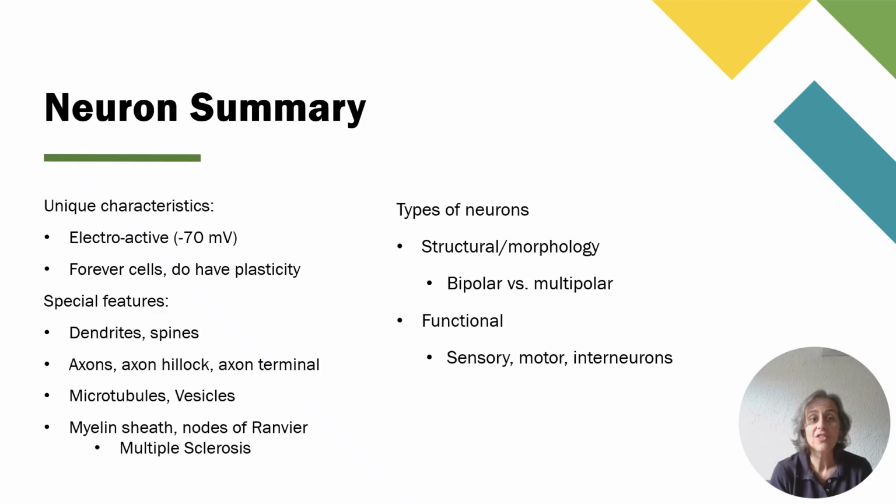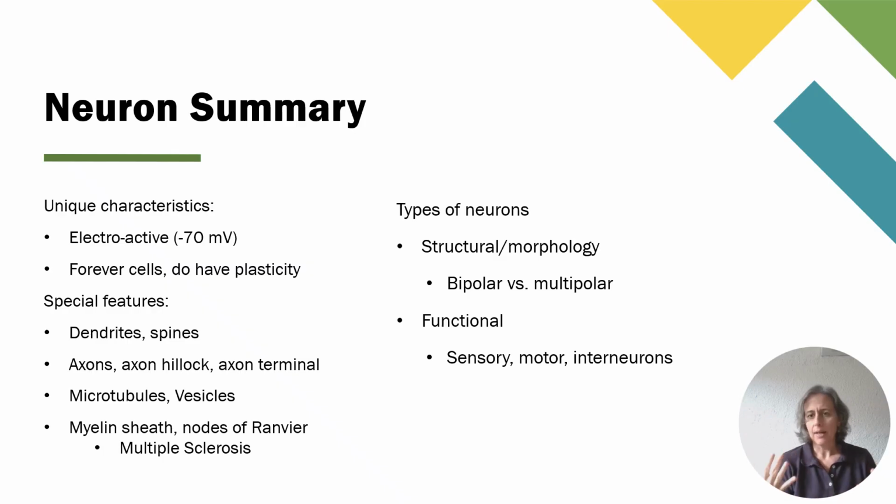All right, so that's neurons. We talked about their unique characteristics, most especially that they are electroactive with that membrane potential of -70 millivolts. We talked about how they're forever cells. What you've got is what you've got, but they do have plasticity. Then the special anatomic features of these cells with the dendrites that have spines, which are the site of input.